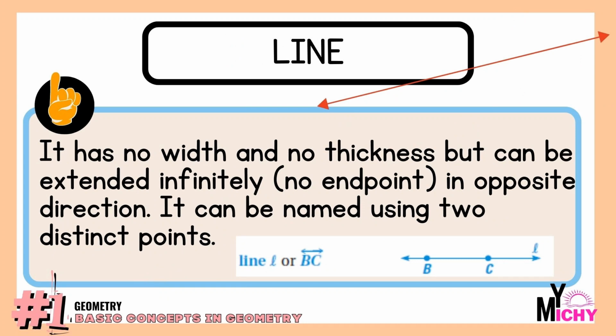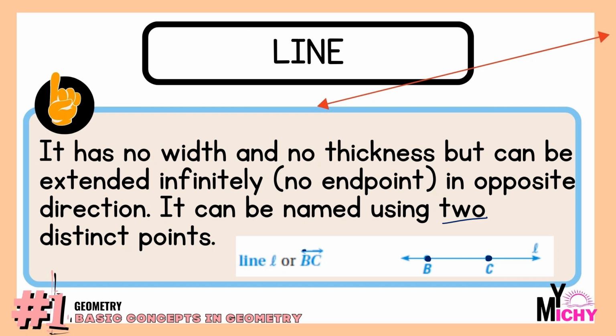Next, we have line. It has no width and no thickness but can be extended infinitely, or in other terms, no endpoint, in opposite directions, the left side and the right side. It can be named using two distinct points. So we have here point A, point B, and point C. Then, we can form a line BC.